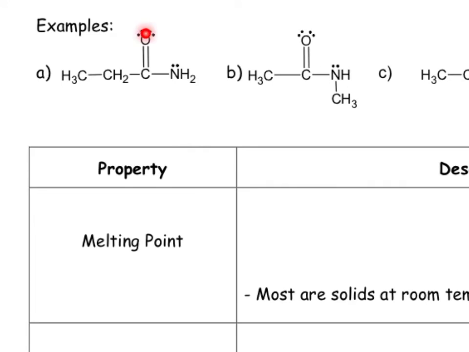Since this is where my double bonded O is, my parent chain consists of 3 carbons. That gives me the root, prop. Because I have single bonds between my carbons, this would be propane. I drop the E and add amide to indicate the amide functional group.